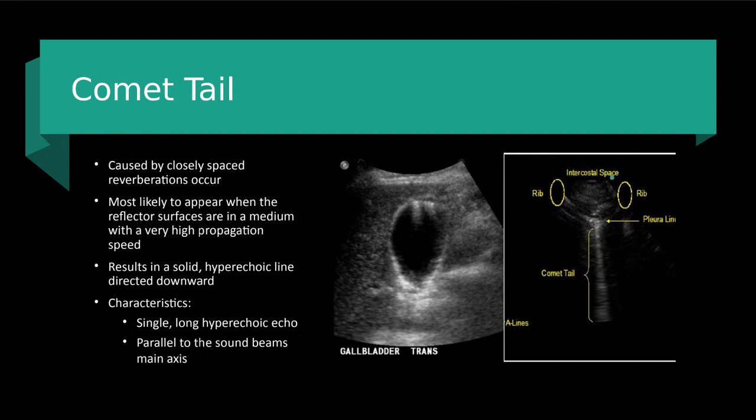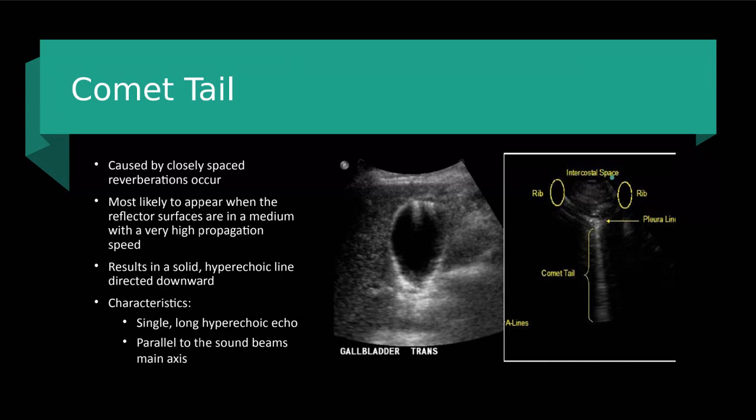It's a helpful artifact. It's caused by closely spaced reverberations, so a similar physical concept to actual reverberations, but they're spaced really close together. They're very focal in where they're occurring. So they're most likely to appear when the reflector surfaces are in a medium with a very high propagation speed. It results in a solid hyperechoic line that travels directly downward from that original source.